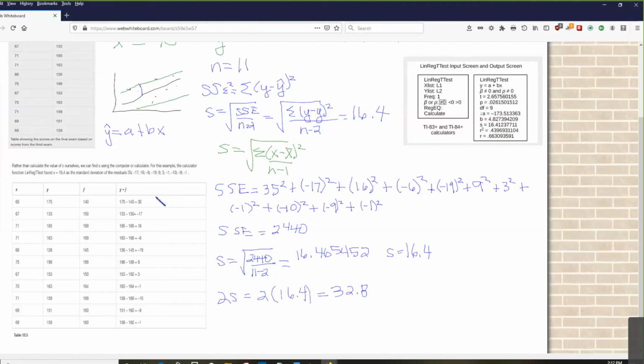So now we look at all of these scores, and we can see this first one is bigger than 32.8, but everything else is not. So this is 0, so we want minus 32.8 and plus 32.8.